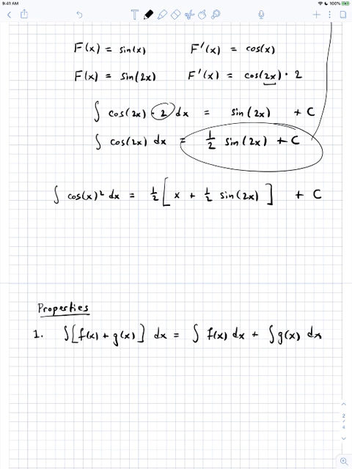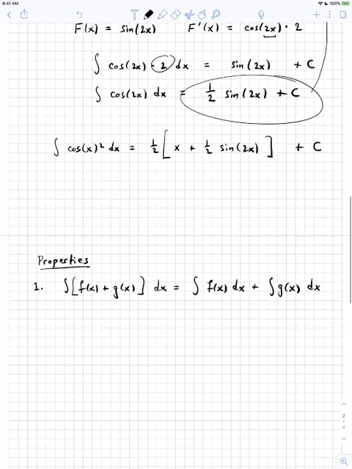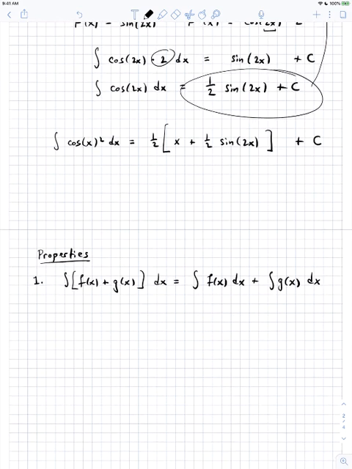This is a linearity property. We also saw that it was true for definite integrals for different reasons. Second, we also used the fact that the integral of a constant multiple k times f of x dx is equal to k times the integral of f of x dx.